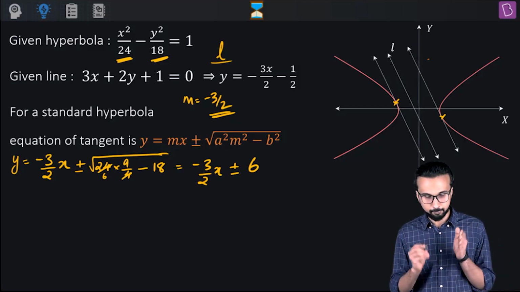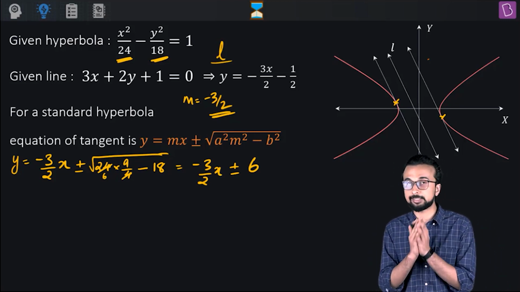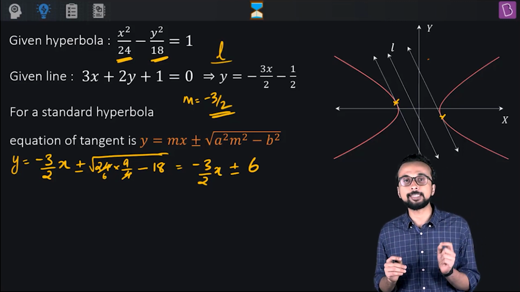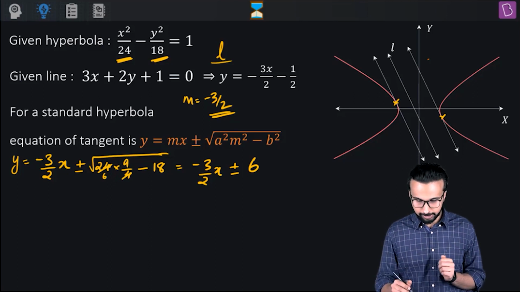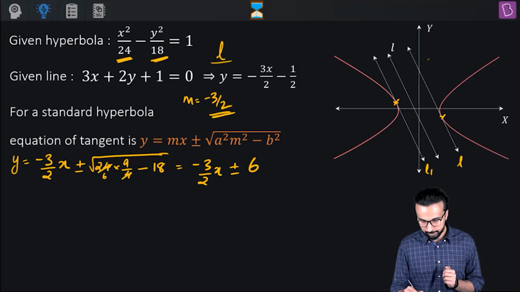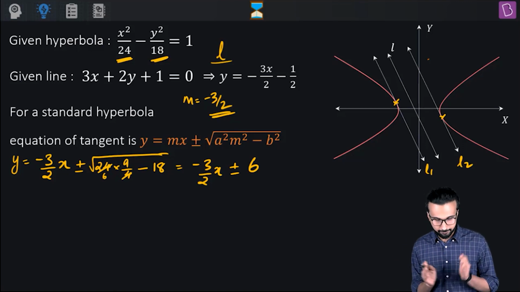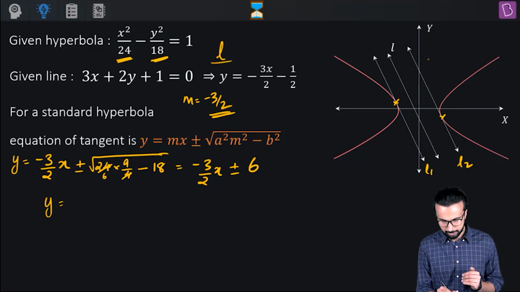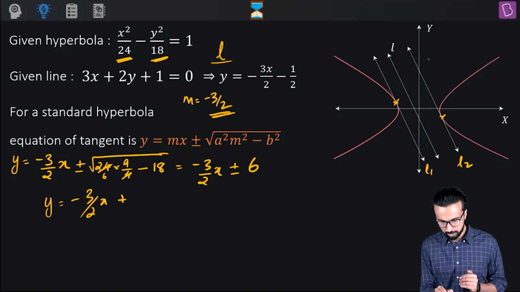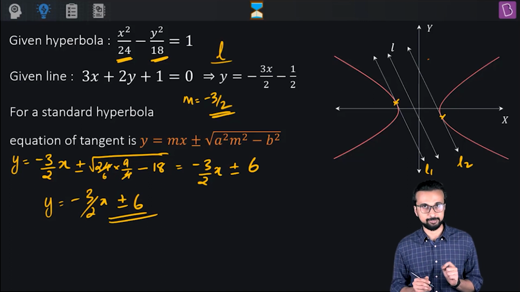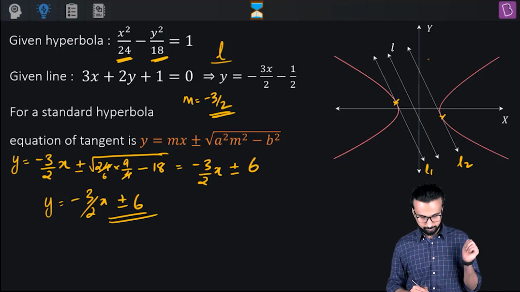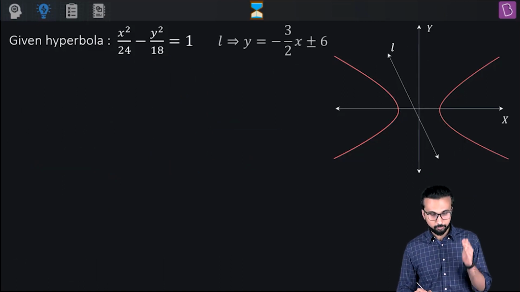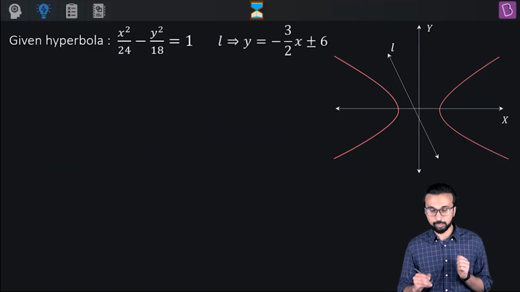So I get my tangents with slope minus 3 by 2 as y equal to minus 3 by 2x plus or minus 6. Okay, so these are the two lines I'm getting, L1 and L2. These will be the two tangents. We will take this forward and find the point of contact here.